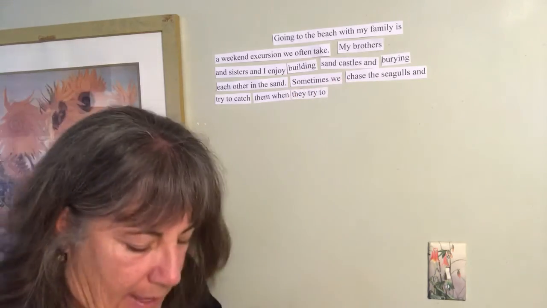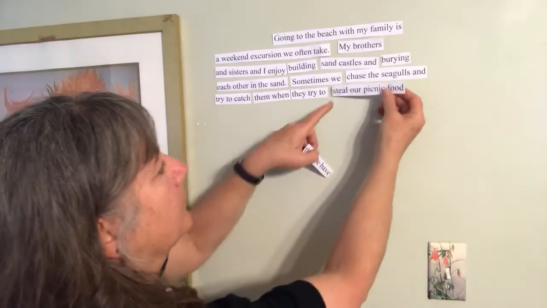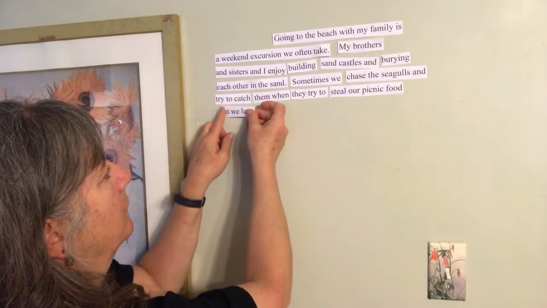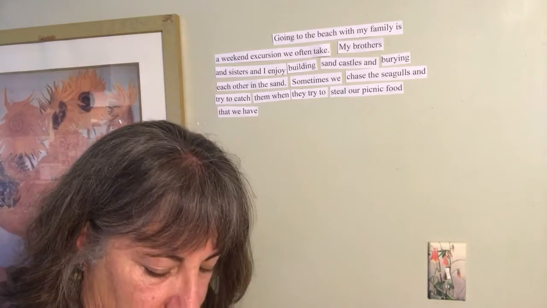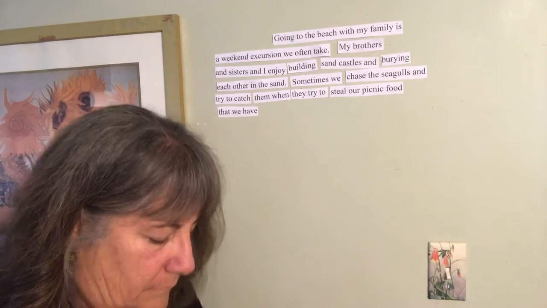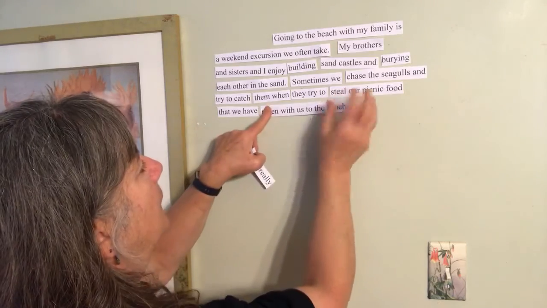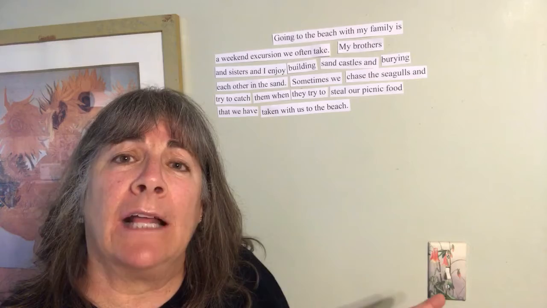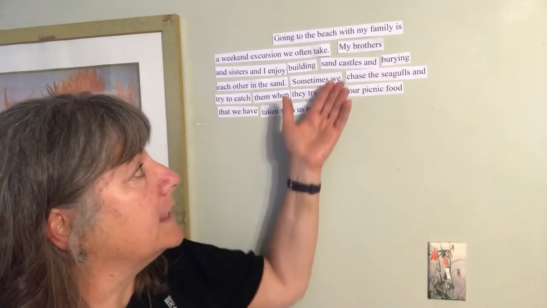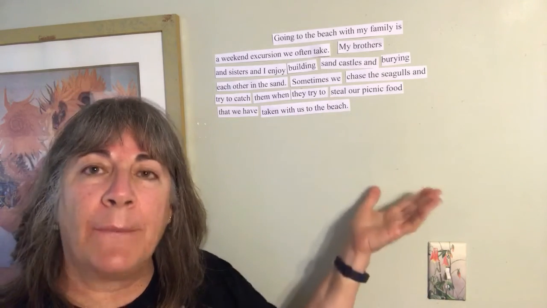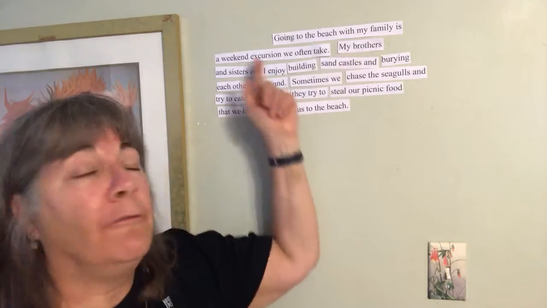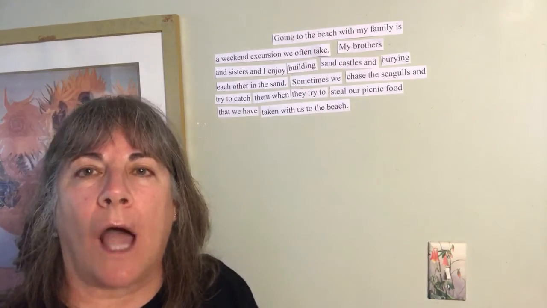All right, so that's detail number 2. We're still talking about the beach, what's happening at the beach, what we're doing at the beach. It is still very much related to our topic.